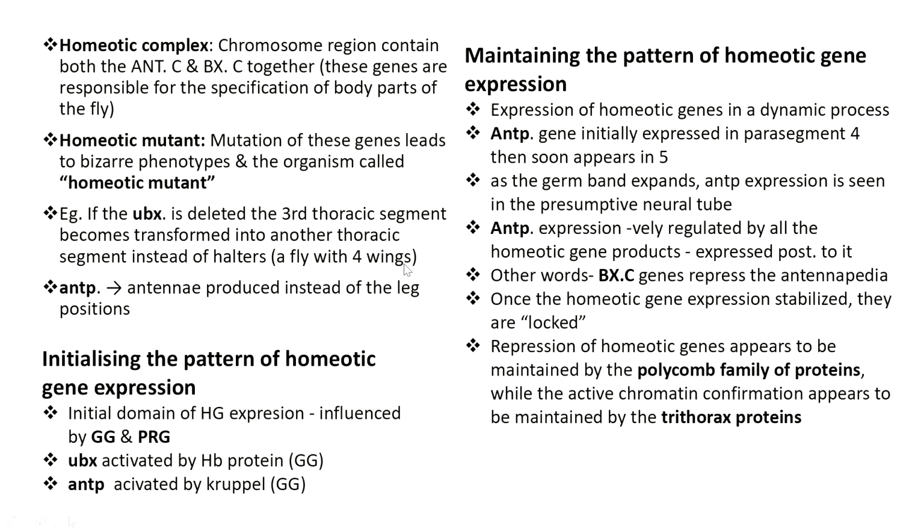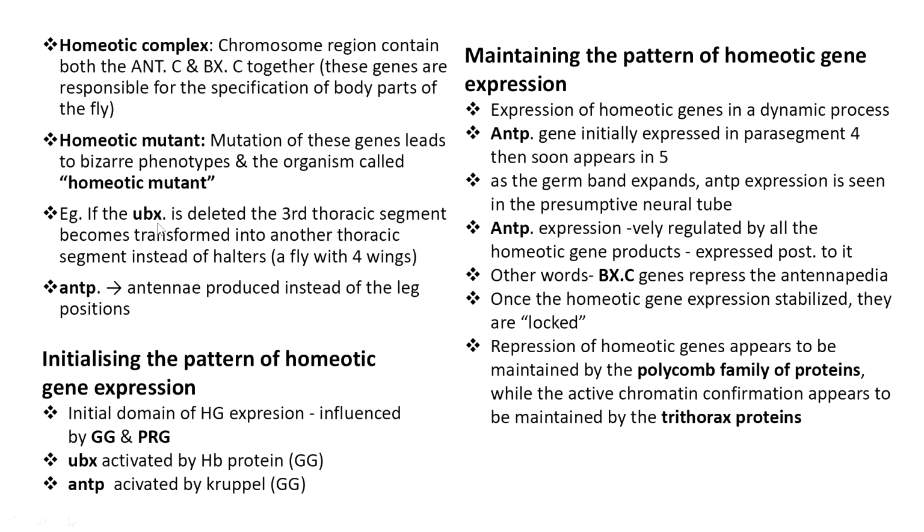A fly with 4 wings will be the result of the absence of UBX. Instead of halters, what will be formed? Wings also form at this region. Did you get the meaning? Ultrabithorax is absent. The third thoracic segment, the region of formation of the third set of legs as well as the halters, is replaced: specifically, the second segment will form at the place of the third segment.